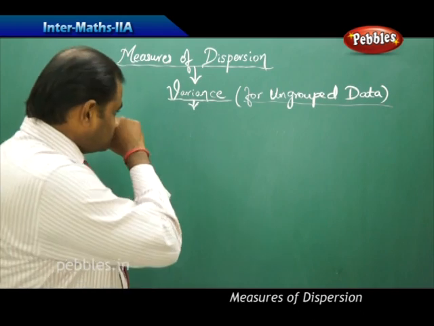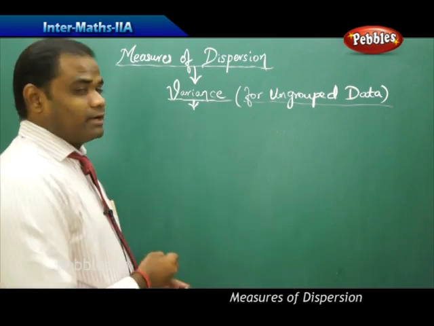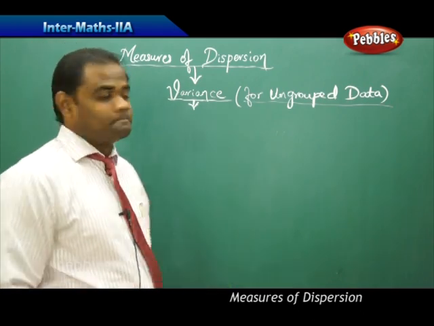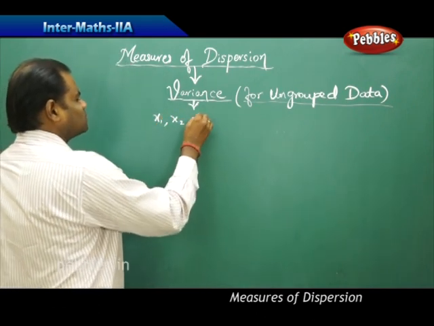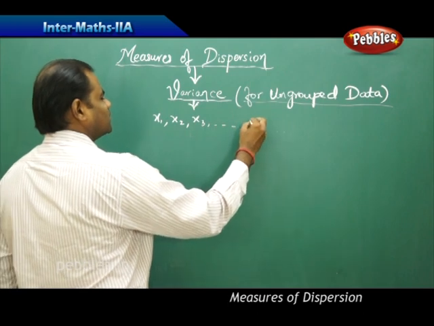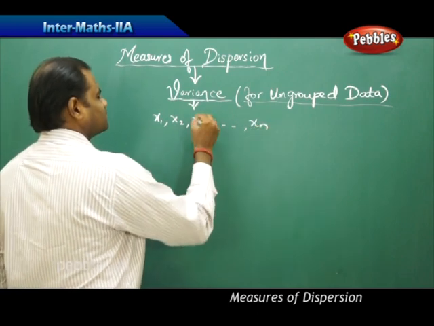So in this case, let's see how variance is derived for its formula. Now let there be n observations, x1, x2, x3, and so on till xn.